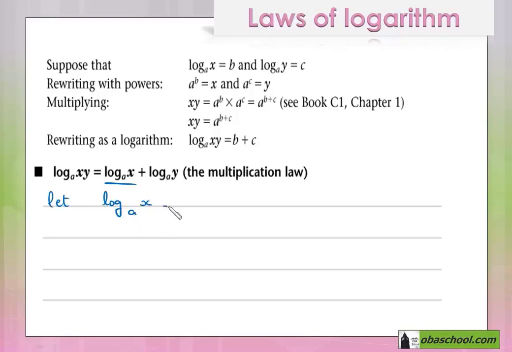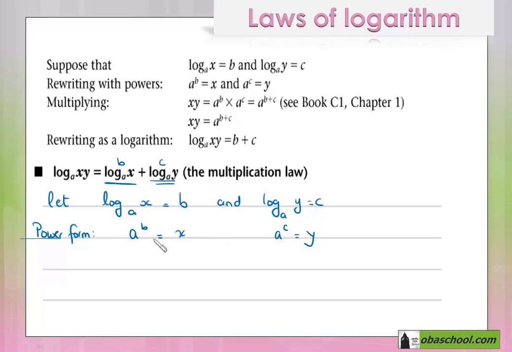Let log x to the base a be equal to b, and log y to the base a equal to c. So here we have replaced these two by b and c. Moving on, we have the power form that we are used to, and that is a to the power b equal to x.